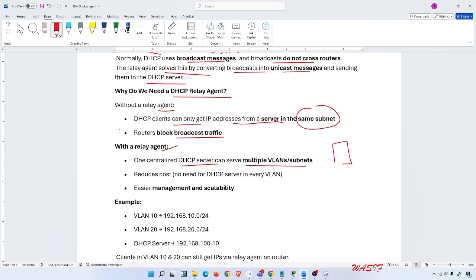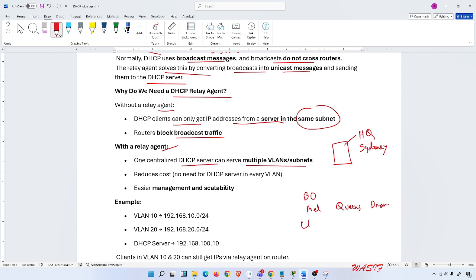So you will have one server located somewhere, let's say in the headquarters, and it can serve all the locations. Say the server is located in your headquarters in Sydney, and you have branch offices in Melbourne, Queensland, then Darwin, wherever, doesn't matter.